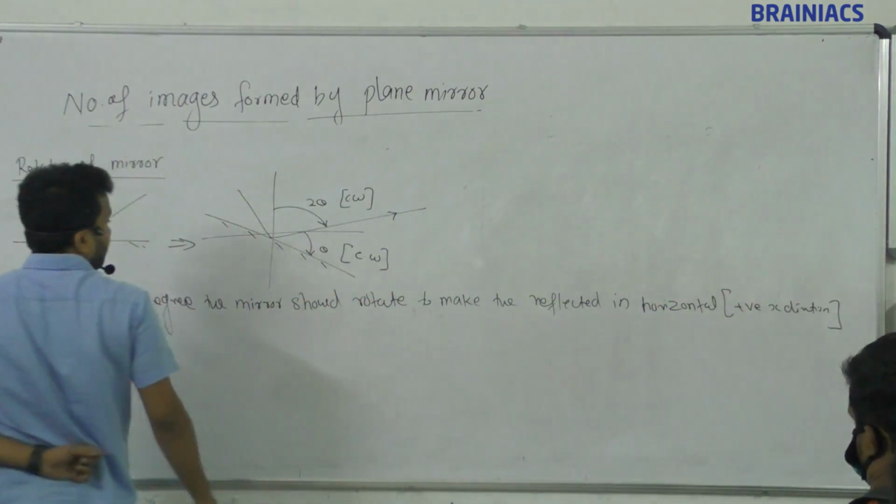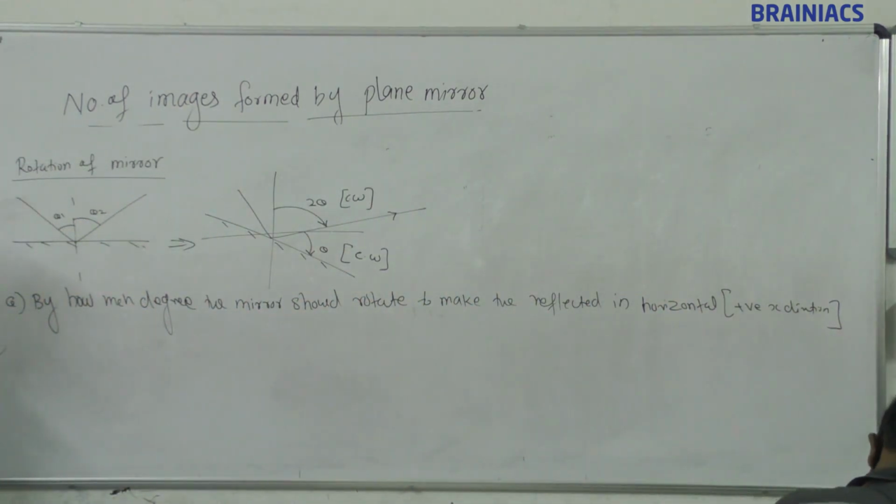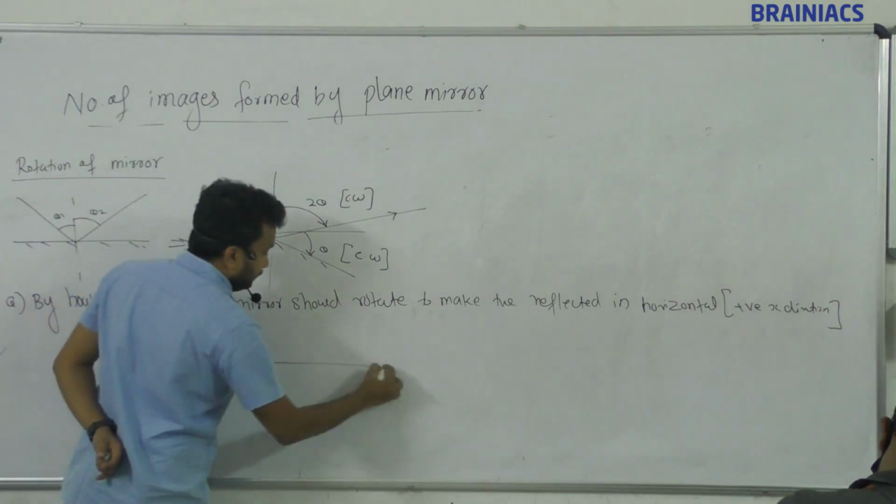By how much degree the mirror should rotate to make the reflected ray horizontal?